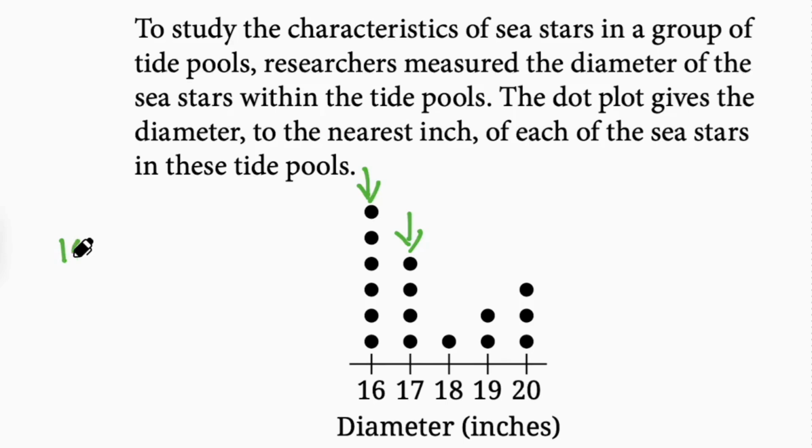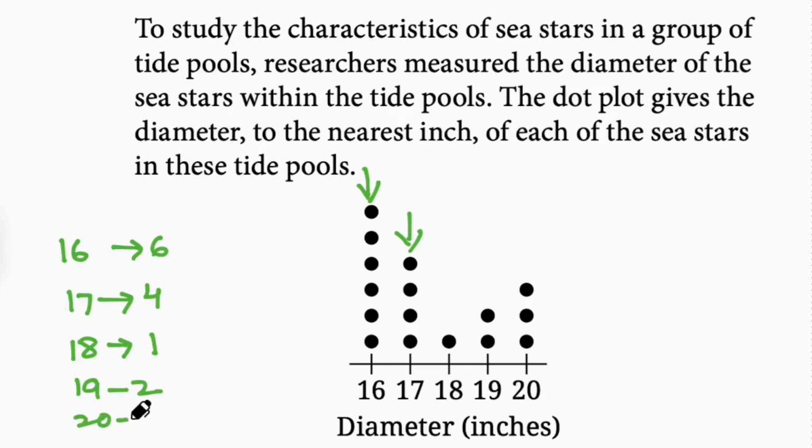So let's say 16 is the diameter for 1, 2, 3, 4, 5, 6 sea stars. 17 is of 4. 18 is of 1. 19 is of 2 and 20 is of 3.